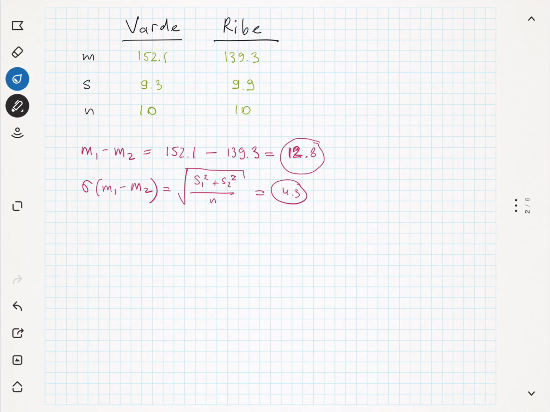Let me show you some intuition about why we use this formula. You remember that the standard error for just one average is s over square root of n, right? Or you can think of it as the square root of s squared over n. Or you can rewrite it as s times the square root of 1 over n.